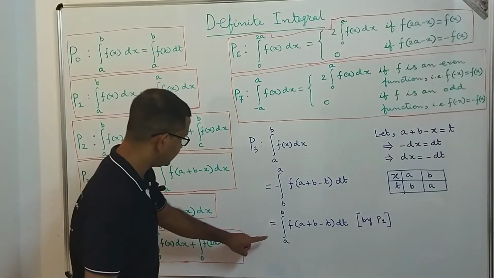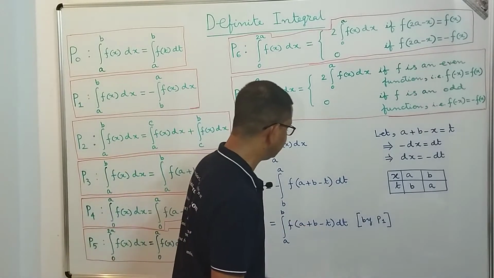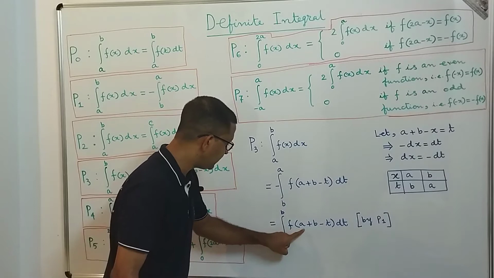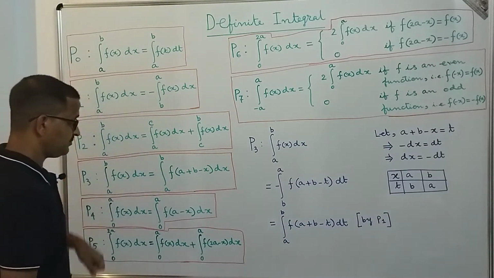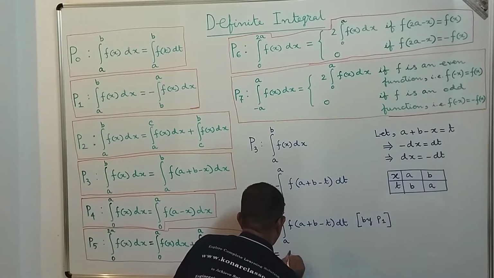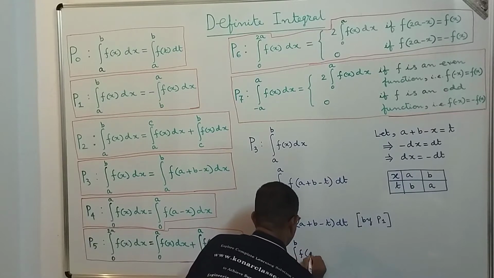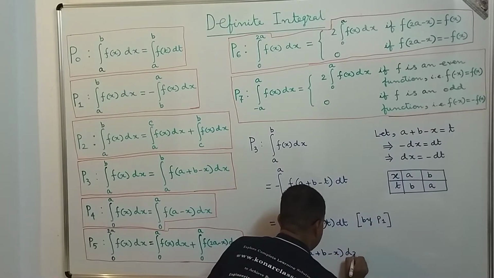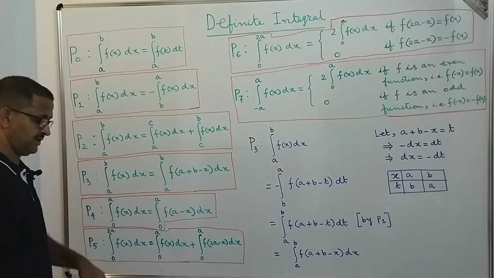Now dear students, we see that integration a to b f(a + b - t) dt is equal to integration a to b f(a + b - x) dx, and that we are getting from property P0. So we can write this is equal to integration a to b f(a + b - x) dx, and that is nothing but the right hand side of property P3.